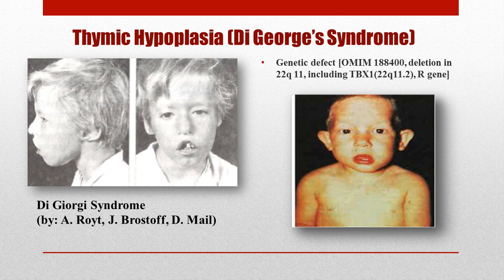These are structures which give rise to the thymus, parathyroid glands, and portions of the lips, ears, and aortic arch. The thymus is usually rudimentary, and T cells are deficient or absent in the circulation. Lymphopenia in thymus-dependent zones of lymph nodes and in the spleen.